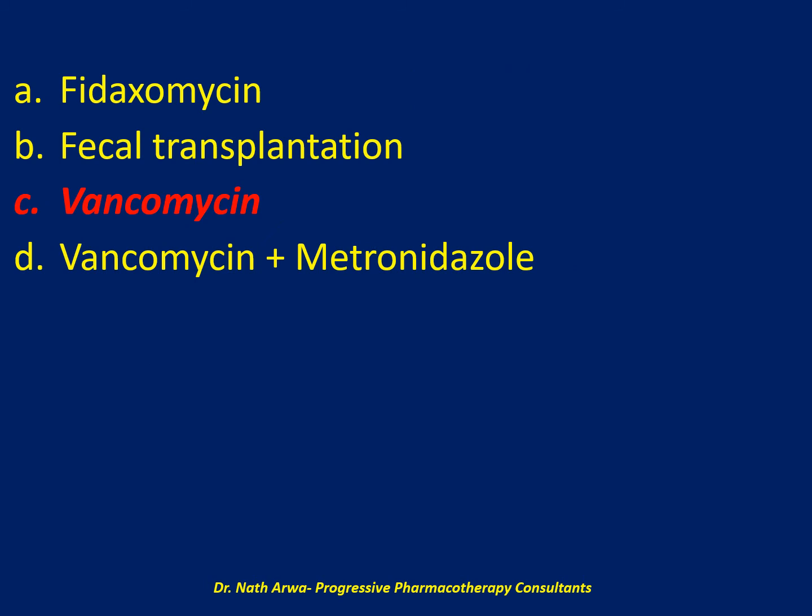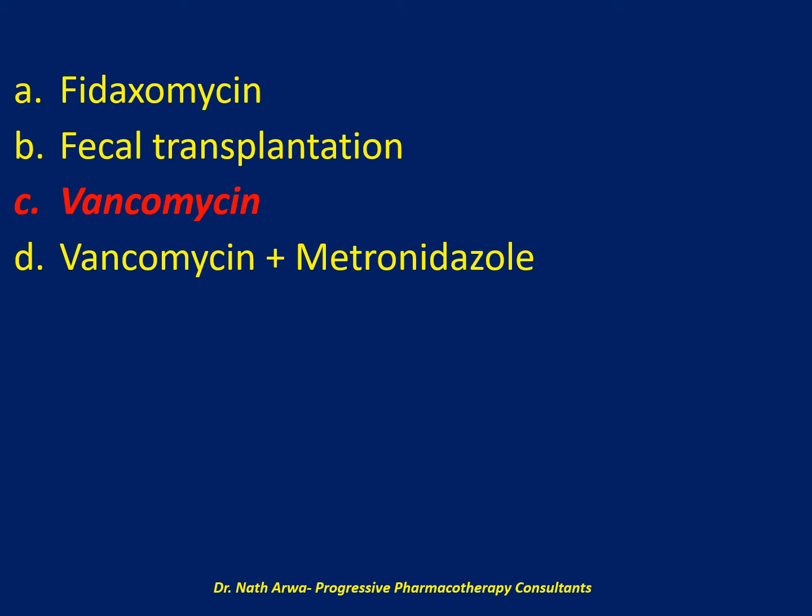I would choose to administer oral vancomycin. Now, the revised SHEA/IDSA guidelines for Clostridioides difficile infection state that the second recurrence should be treated with oral vancomycin or fidaxomicin for at least 10 days.